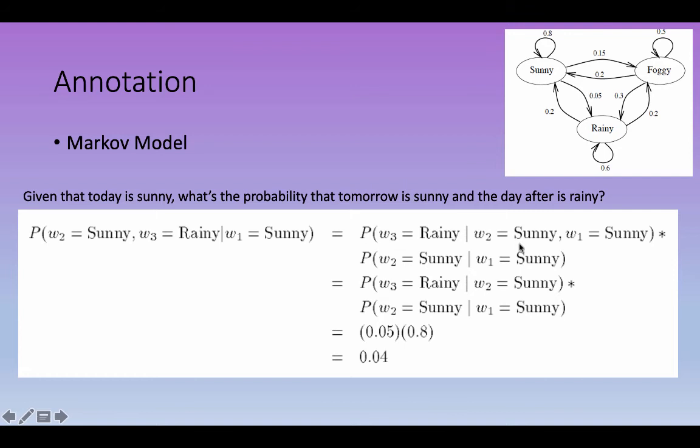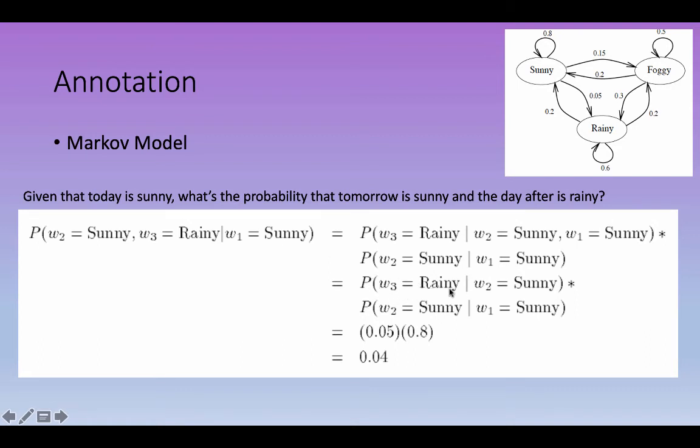I can break it up into the probability that it's going to be rainy in 2 days, given that it's sunny tomorrow and sunny today, times the probability that tomorrow is sunny, given that today is sunny.